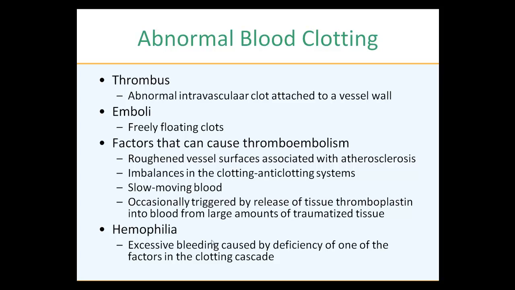A very important chapter, and it's very, very relevant to everyday life. We did talk about the blood types, the A, B, and O system, but we also talked briefly about the Rh, and we described the process that can go wrong in pregnant women, which we called erythroblastosis fetalis. And finally we talked about some abnormalities of blood clotting.